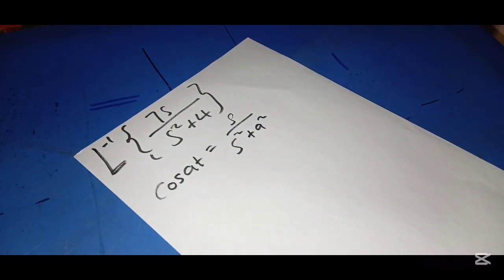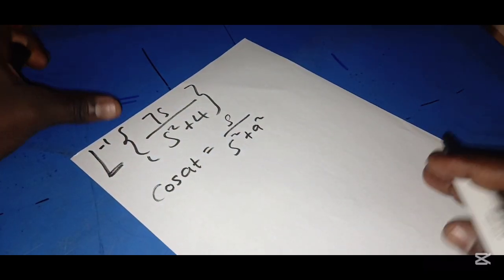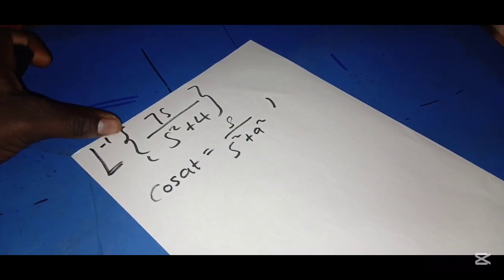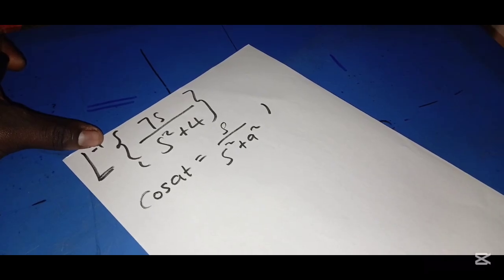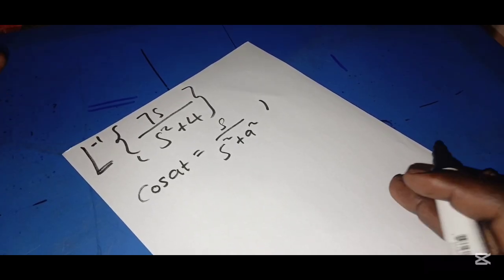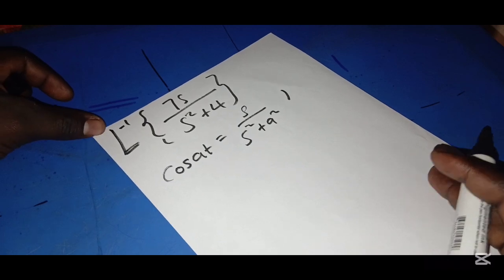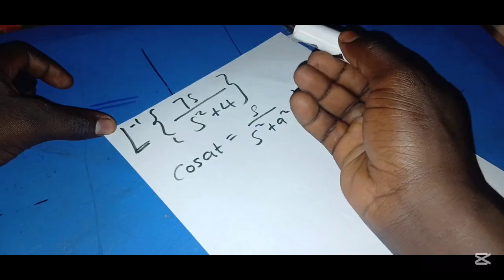Now let's compare this general formula to the problem given to us. So we are now going to analyze the question very well. Let's do denominator analysis, and then the numerator analysis. Well, before that, can we factor something out? Yes, we can factor 7 out right here, since it is a constant.